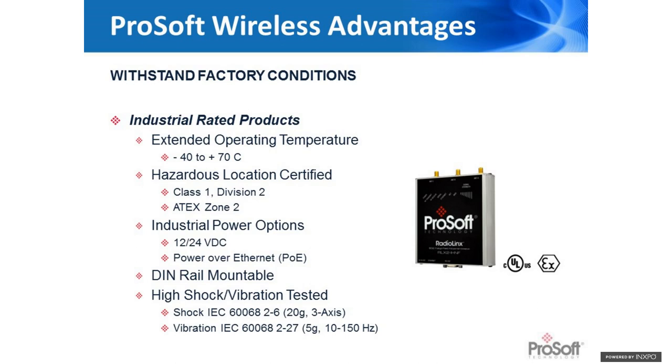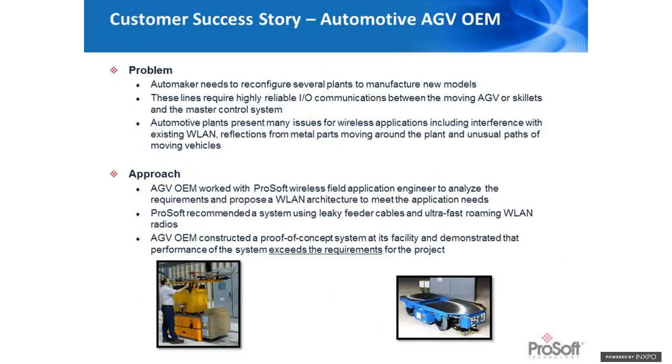Product is DIN rail mountable. That's important in the industrial world since a lot of equipment is mounted to a DIN rail. And it's shock and vibe tested in applications where the radio is going to be mounted in a carriage or on an AGV. It has to withstand the vibration and the shock that occurs in those moving applications, and our products are designed to do that.